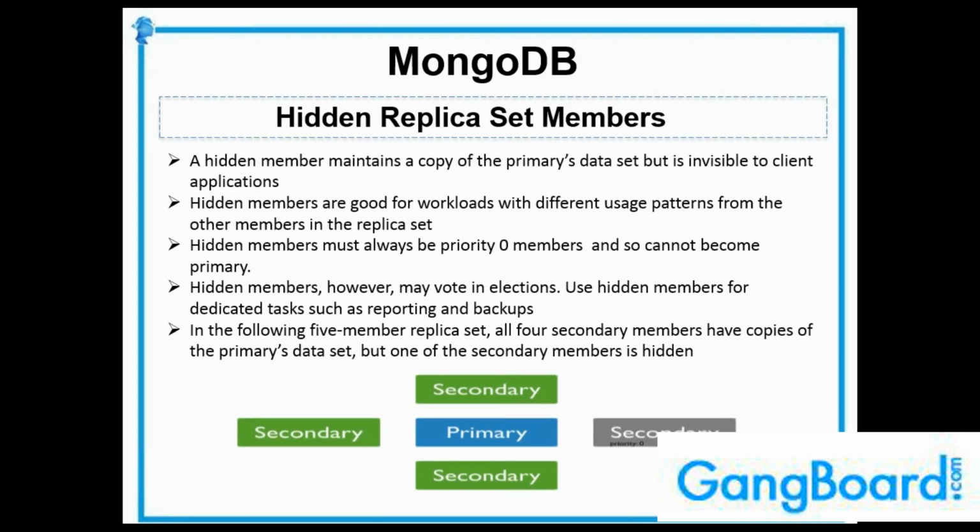If you make that node an active node, then client queries will get incomplete data, or they may get some errors or issues. To avoid that, when you are adding a new node, you can make that node a hidden node. So this is how the hidden node concept works.